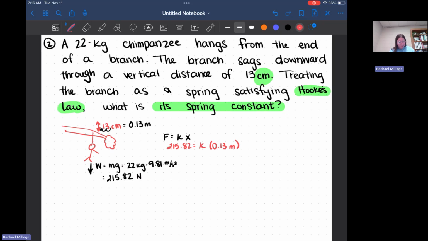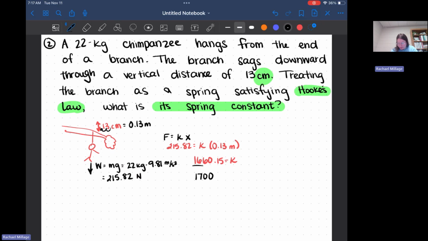So when I do that, 215.82 divided by 0.13, this is the number that I get approximately. But I said, hey, I want to change this to 2 sig figs. So I'm going to keep these first 2 digits. I'm going to round the first 2 digits and then make everything after it a 0.